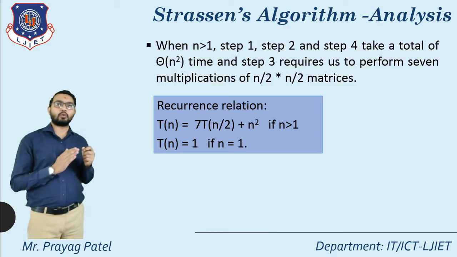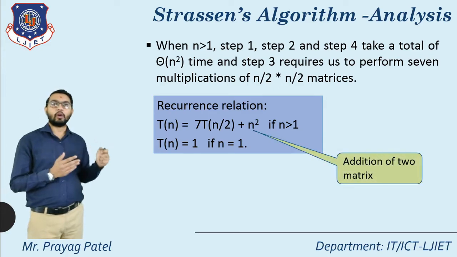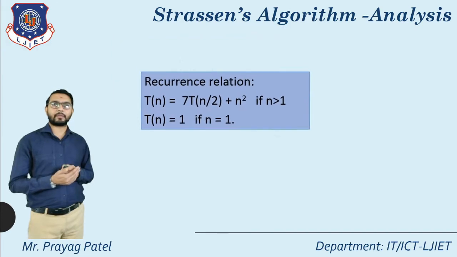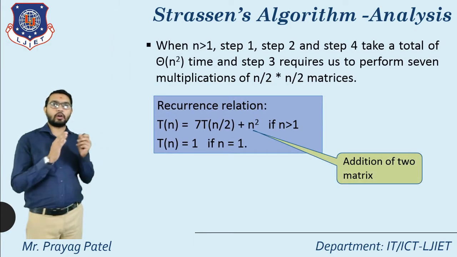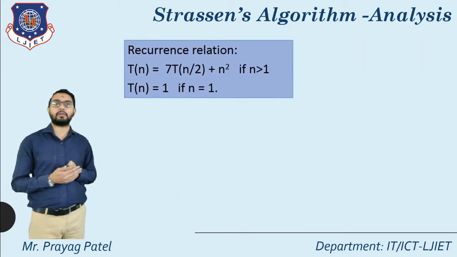T of n equals 1 if n equals 1: if we have a 1 cross 1 matrix, then the answer is simply 1. Now what is the value of n square? Here n square is considered as our addition or subtraction of two matrices. So this is the recurrence relation for Strassen's matrix multiplication.